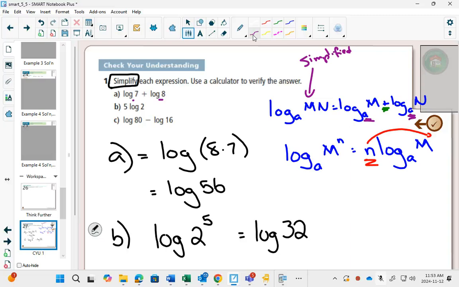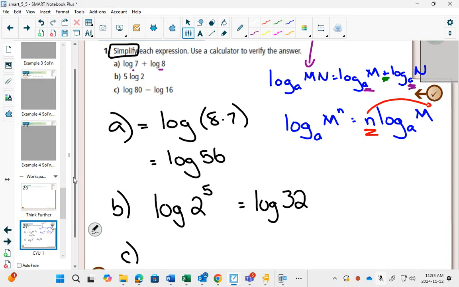And finally, part C, is there a log law where we're subtracting? Yes, on the right-hand side.